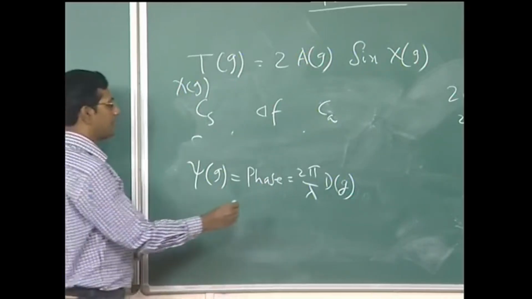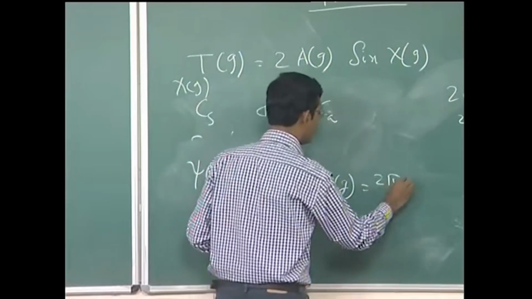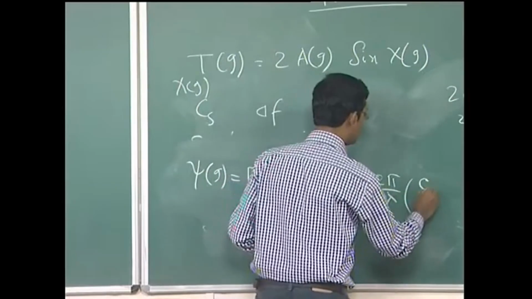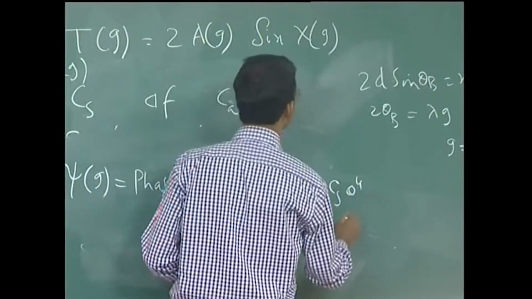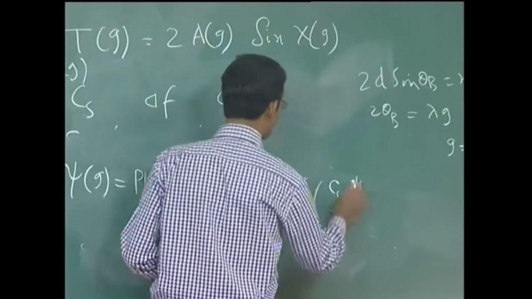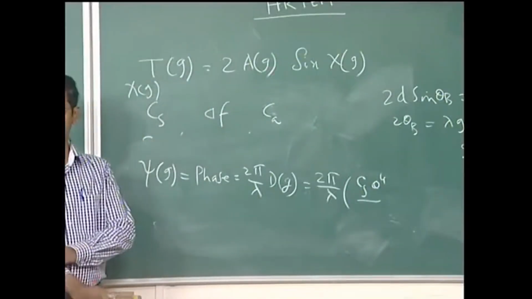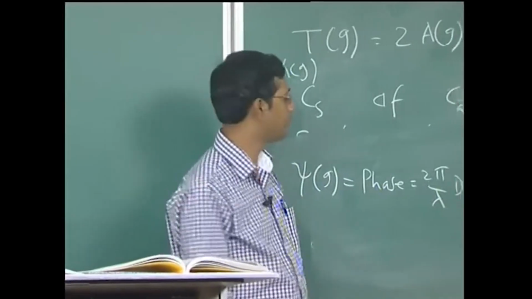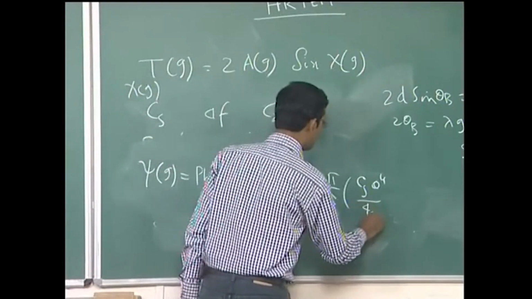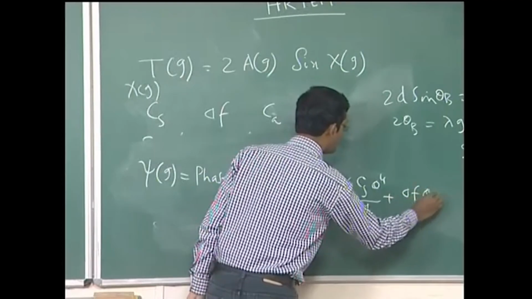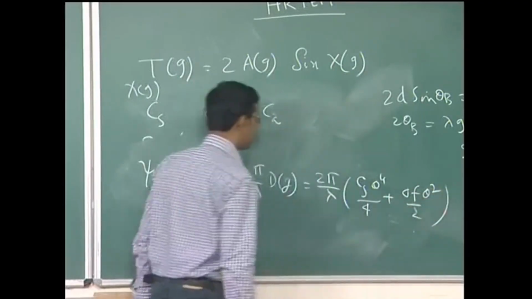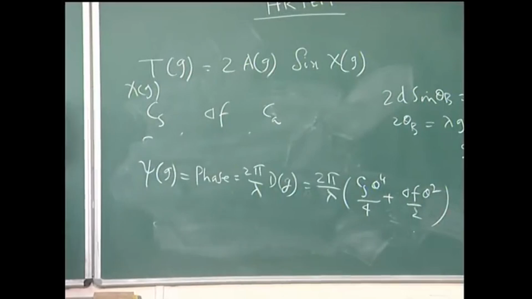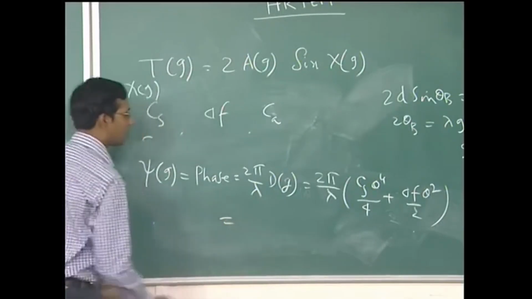This is nothing but 2 pi by lambda into C s theta to the power 4 by 4 plus delta f theta square by 2, and this can be easily written in a much simplified form like this.